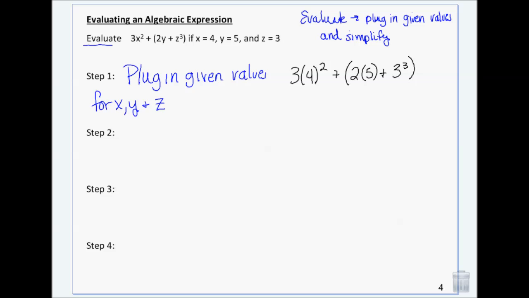Step 2, we have to work inside the parentheses, so I'm going to do the multiplication and the exponent inside the parentheses.